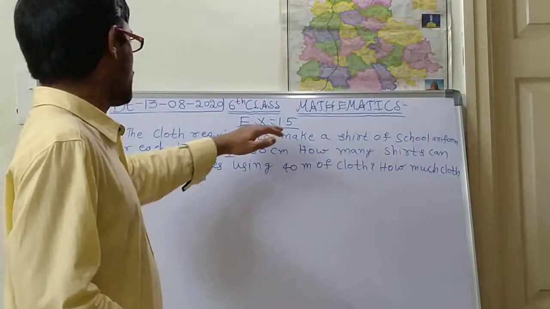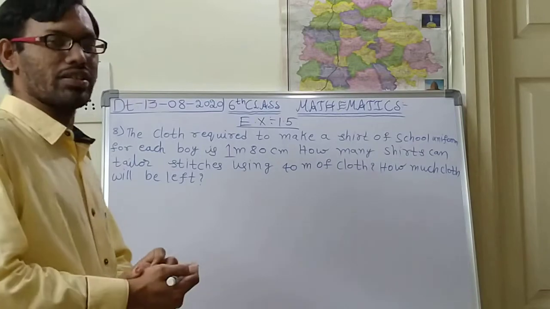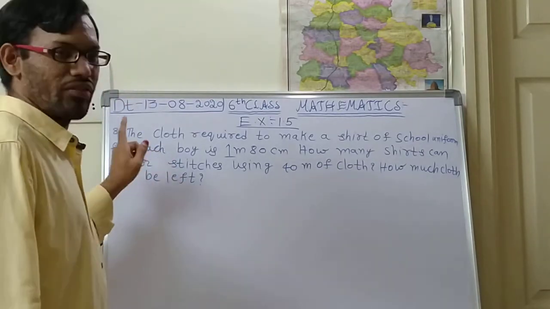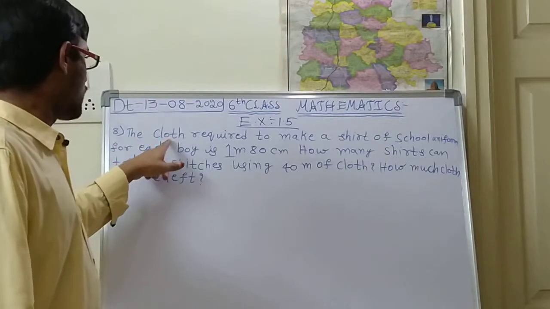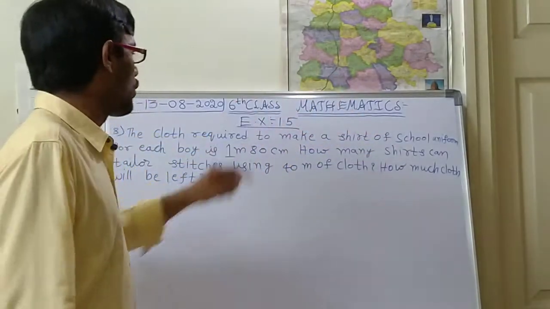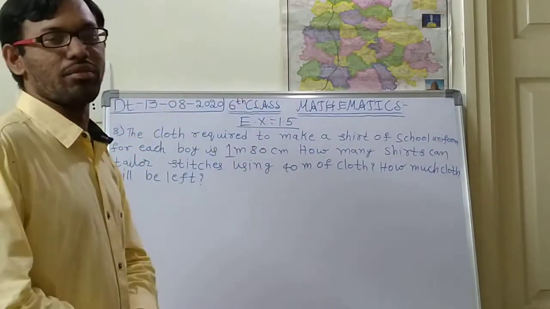Here, exercise 1.5, the 8th problem, the last problem, we are discussing first. What is this problem? First read the question. The cloth required to make a shirt of school uniform for each boy is 1 meter 80 centimeters.